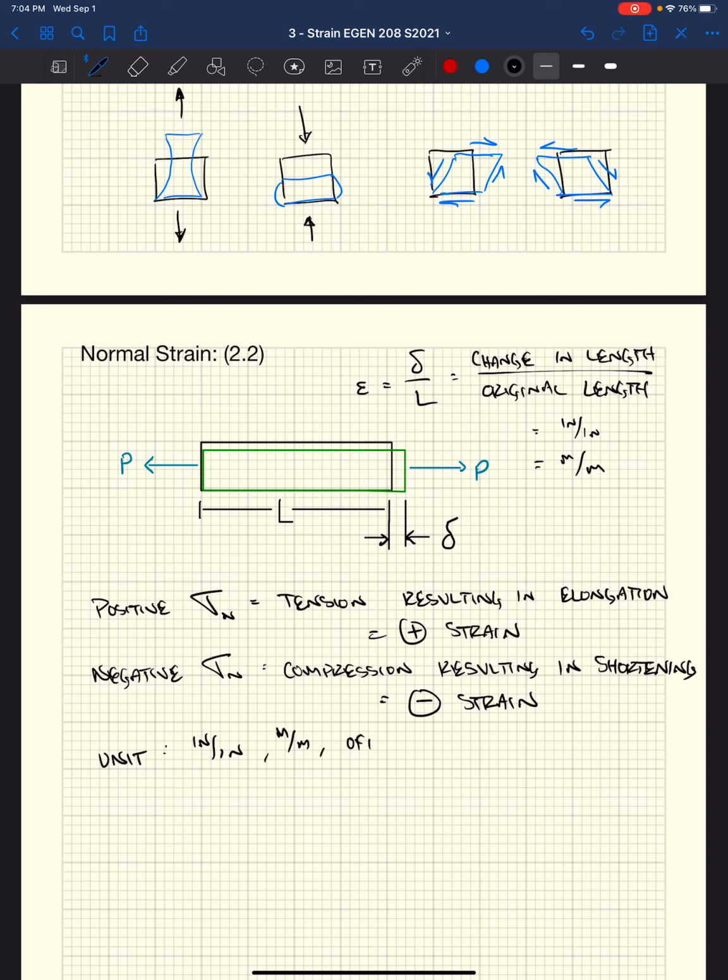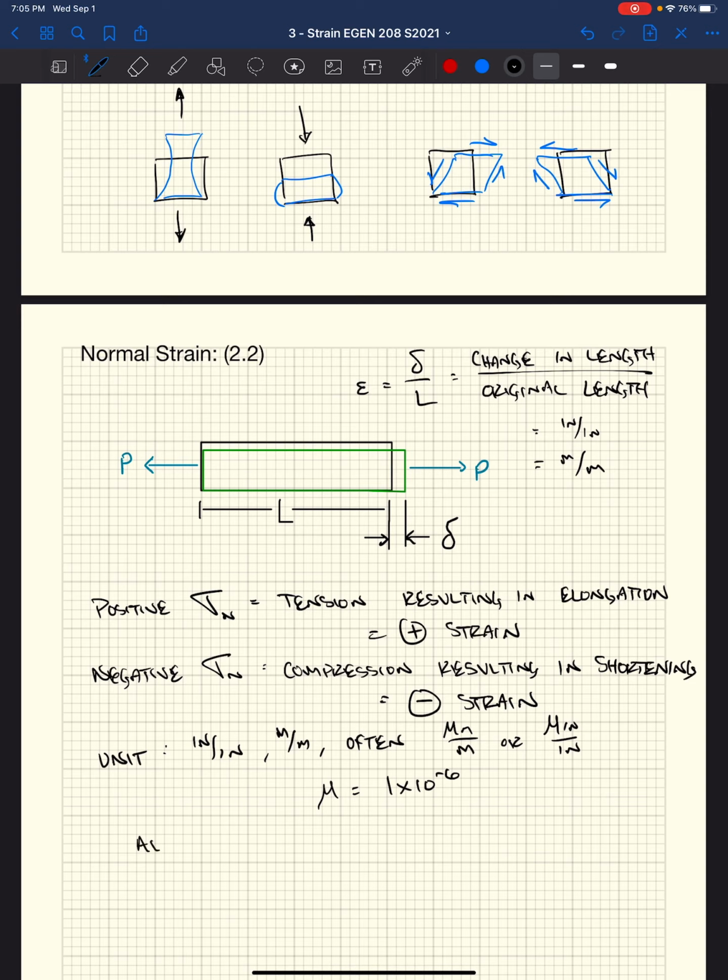Often, strain is quantified as a very small number. So we end up using oftentimes micrometers over meters or micro inches over inches, where, if you haven't remembered, micro is 1 times 10 to the negative 6, or essentially dividing our number by 1,000,000.